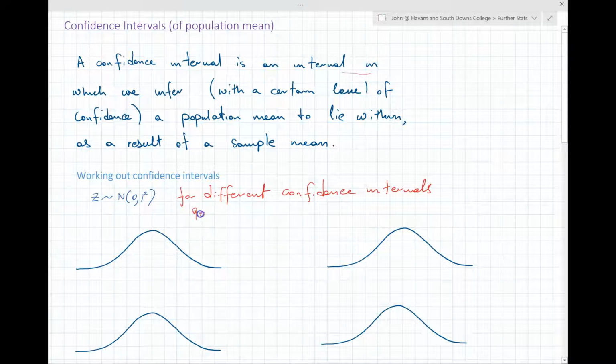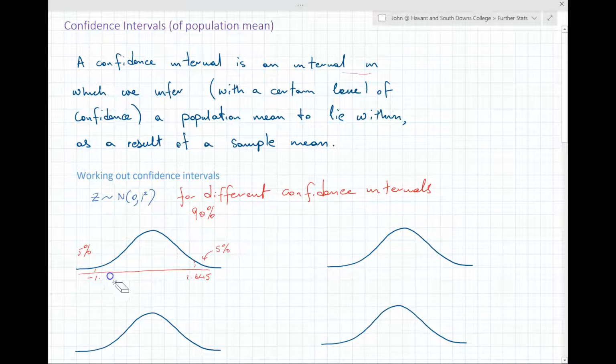So for example, if we want a 90% confidence interval, we want 5% this side and 5% the other side, and the number there will be 1.645 and minus 1.645.